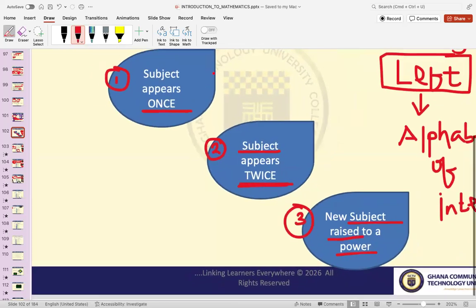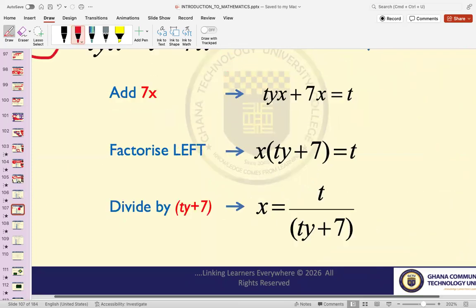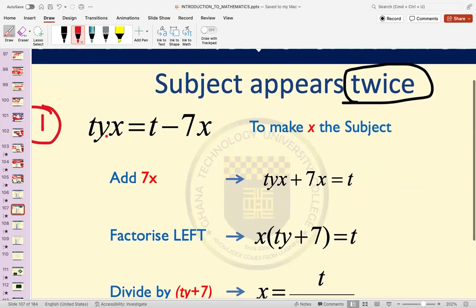And we've done 3 examples for the case when the subject is appearing once. Let's now look at the case where the subject is appearing twice. I want to start with this example: tyx is equal to t minus 7x.